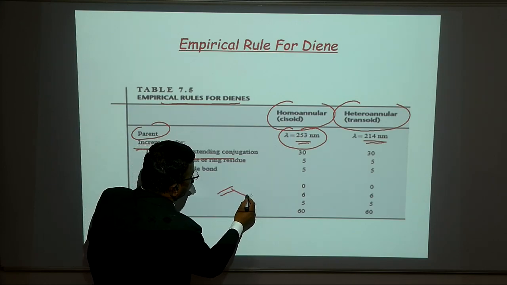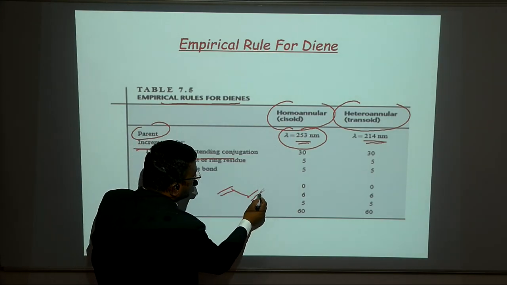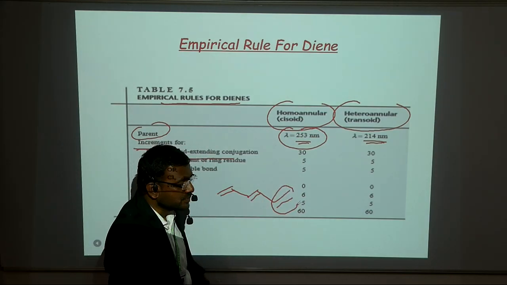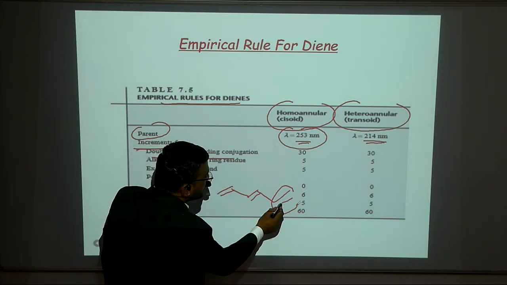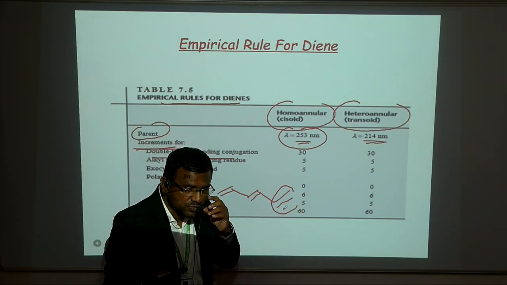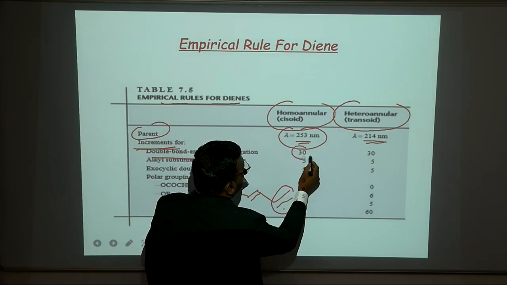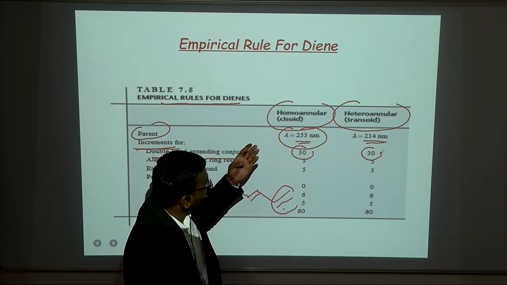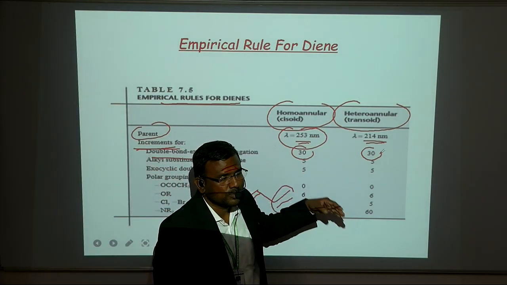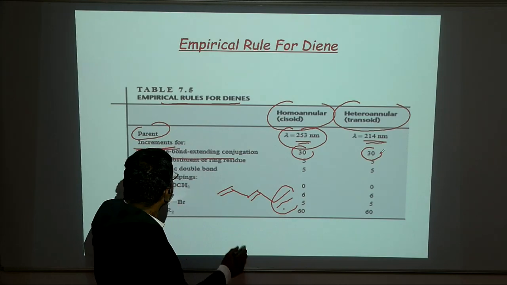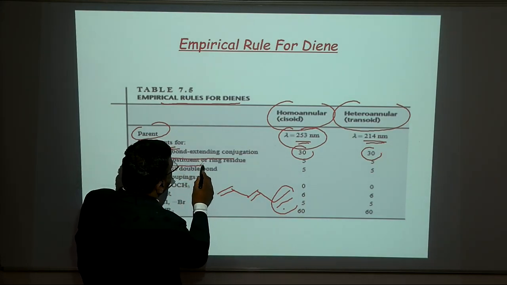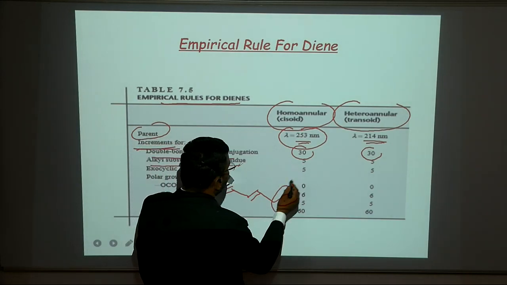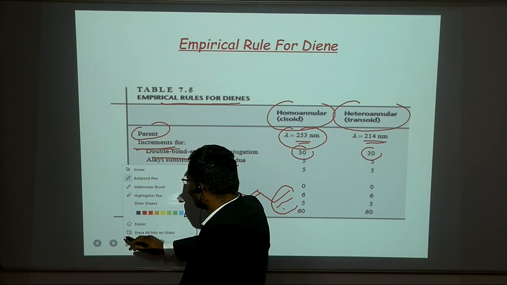Suppose this is one diene, and if there is another double bond which is in conjugation, in such a case, for this extra double bond in conjugation, we have to add 30 nanometer in both cases. We add 30 nanometer for homoannular diene and 30 nanometer for heteroannular diene. Okay. Now, if there are alkyl substituents or ring residues, for that there is an increment of 5 nanometer.